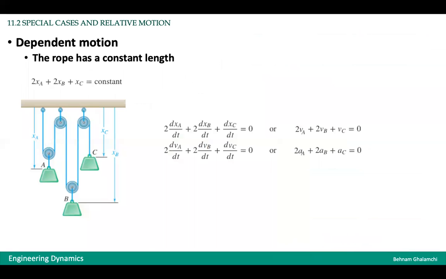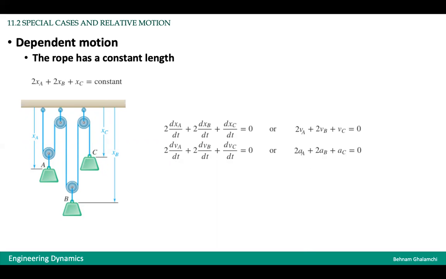The last thing I wanted to share with you is the dependent motions. You remember in a previous example, two particles were moving independently, but there are some cases where we have dependent motion.